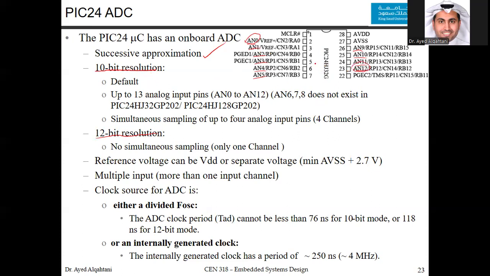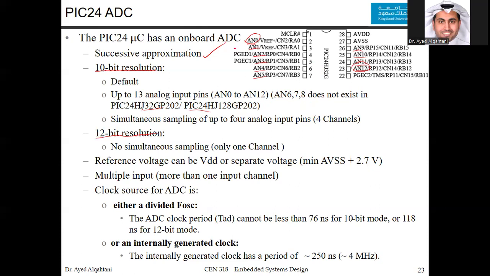However, in this family, these two families, or PIC24 HG128 and 32 specific, AN6, 7, and 8, they don't exist. So you don't actually have 13, you have only 10 different input pins.